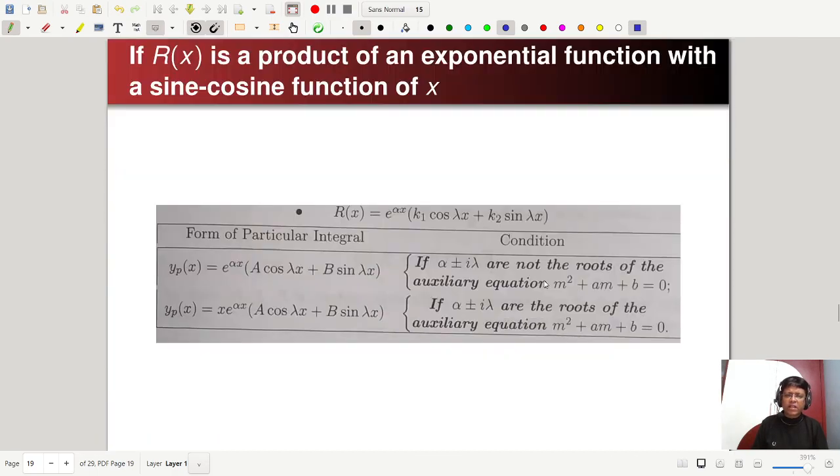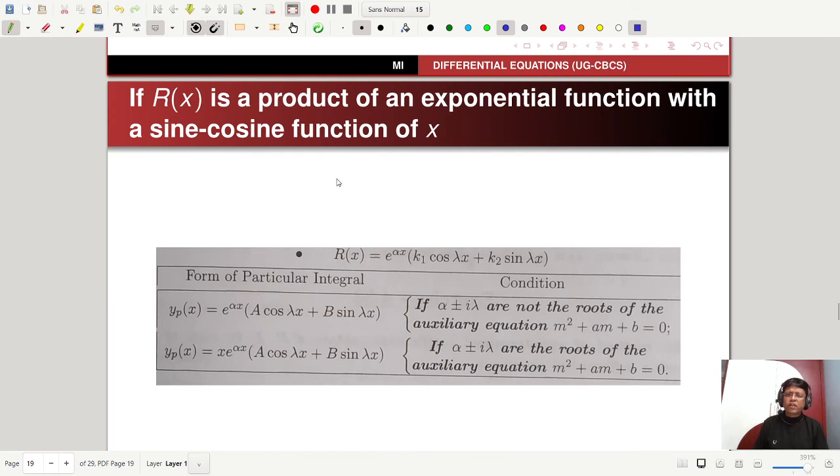And next, let's see the next table also. Yeah, if your Rx is a product of the exponential function and sine cosine function, so if alpha plus minus i lambda are not the roots of the auxiliary equation, then your yp will be same as the Rx, you have to assume, but the constants will be different, a and b.